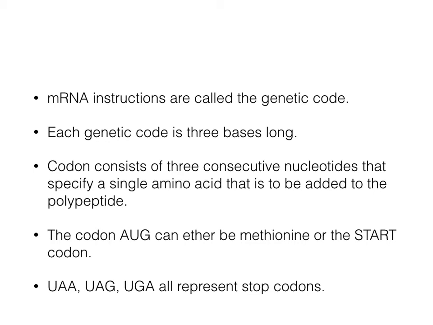Each genetic code is 3 bases long, and a codon consists of 3 consecutive nucleotides that specify a single amino acid that is to be added to the polypeptide. The codon AUG can either be methionine or it can be the start codon. UAA, UAG, and UGA all represent stop.